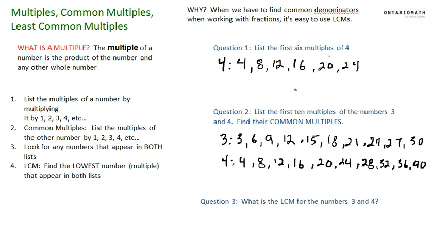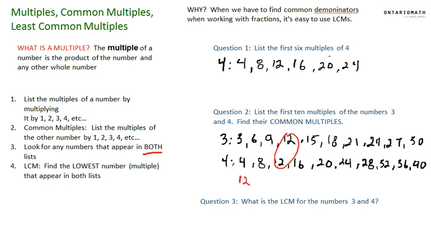Now, I have to find their common multiples. After I list the multiples of the other number, which I did already, I look for any number that appears in both lists. So 3's here, but not over here. These aren't the same. But look, we have 12. It's in both lists, so 12 is a common multiple.